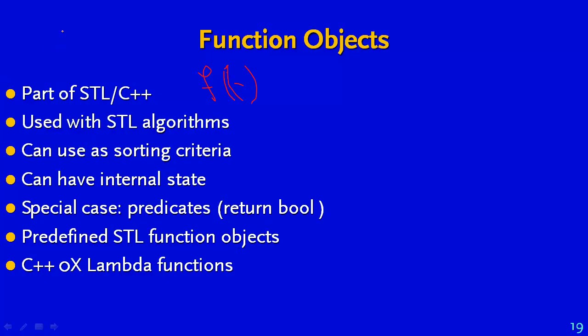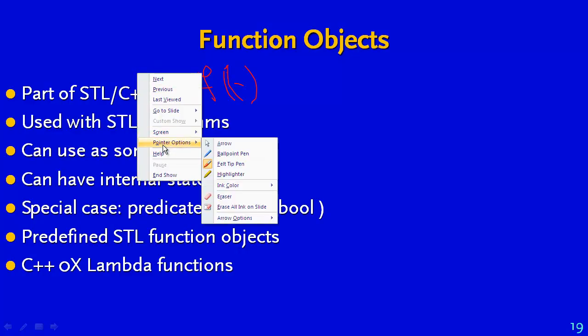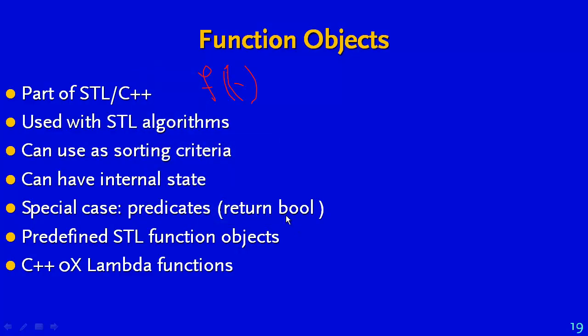A special kind of function object is the predicate, and a predicate is a function object which returns a boolean, like true or false. In STL there are predefined function objects for multiply, division, addition and so on, which you can actually use in combination with your STL algorithms and containers.